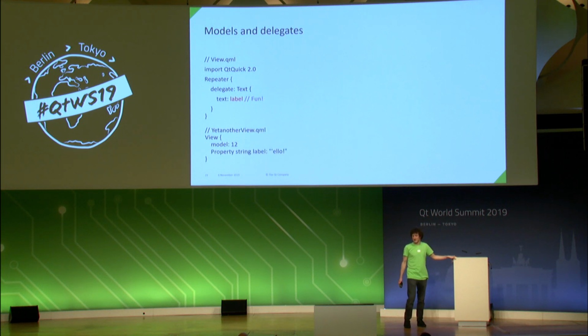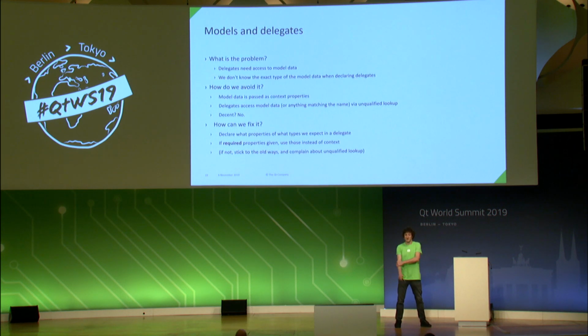Or you might actually add a property to your view that is something else than what you're expecting there. And label is such an innocuous thing that you might accidentally do that. And then you get interesting things in your delegate.